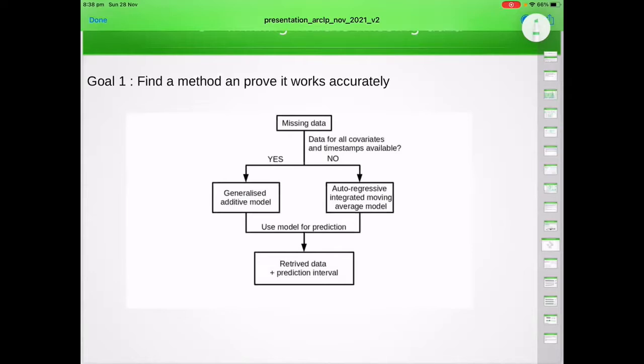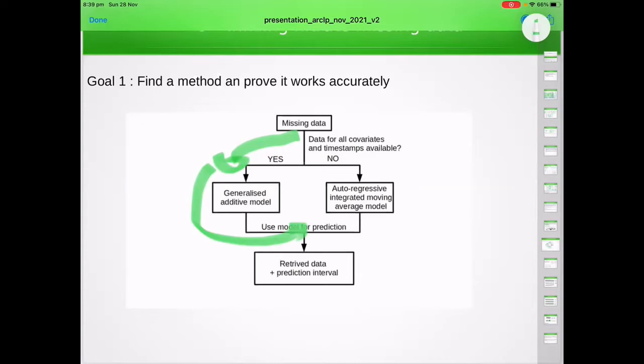If they are available, we can use the generalized additive model. We go on this path because we have the missing data for the nitrite but we have the data for the other covariates. I hope I'm clear. So we can use the generalized model to do a prediction for this specific data point, and then we have the prediction and also get the prediction interval.